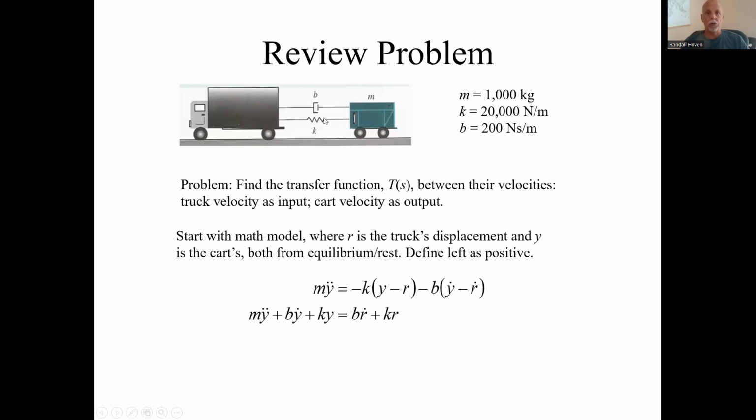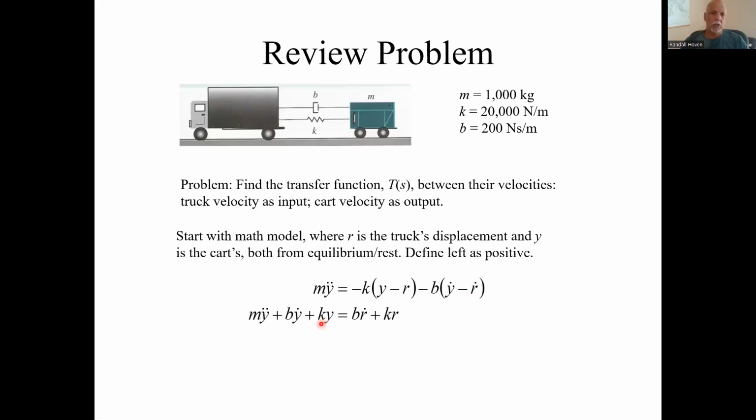And there are two forces on it, the spring and the damper. The spring force will be proportional to the difference between these two displacements. The force of the damper will be proportional to the difference of the velocities at the two ends of the damper, the velocity of the cart and the velocity of the truck. So there's the F equals ma equation.